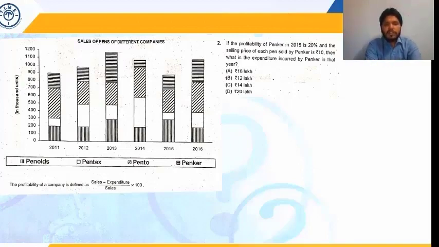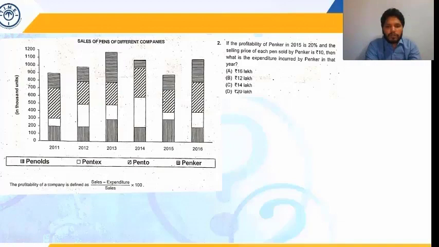Profitability of a company is defined as difference of sales and expenditure divided by sales into 100%. So the profitability of 2015 is given as 20% and selling price of each pen is given as rupees 10. What is the expenditure incurred by Panker in that year?